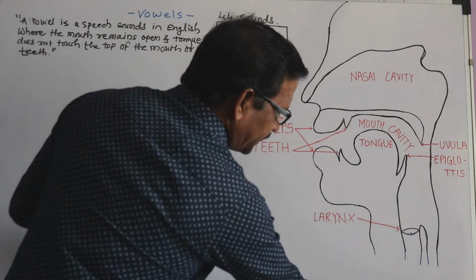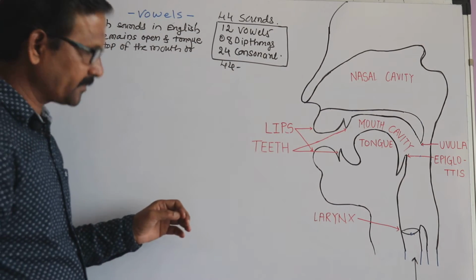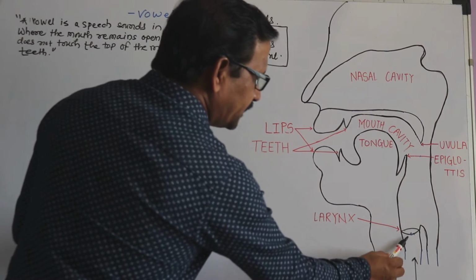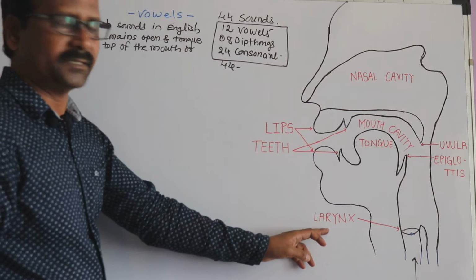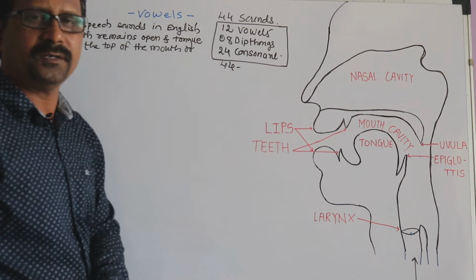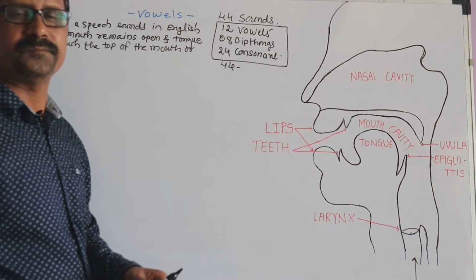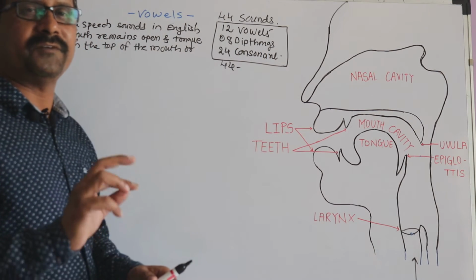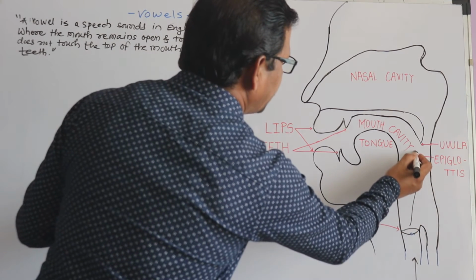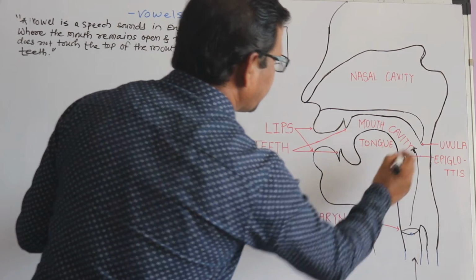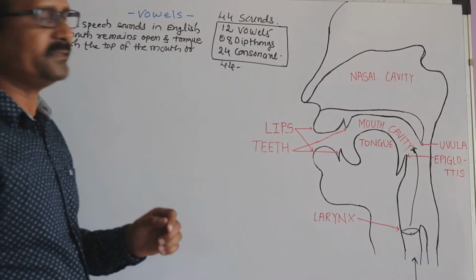As you know, when air comes from the lungs, it comes into the voice box or the larynx. It is also called the vocal cord. It comes into the vocal cord. The vocal cord vibrates and the air goes into the mouth cavity.